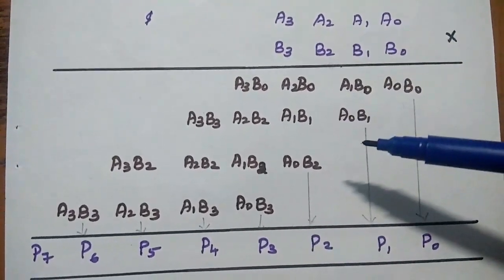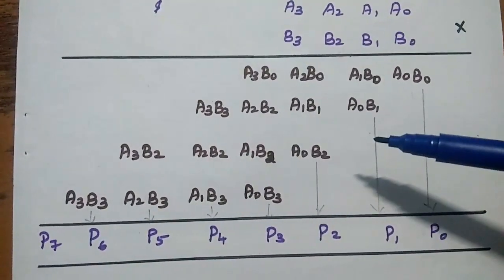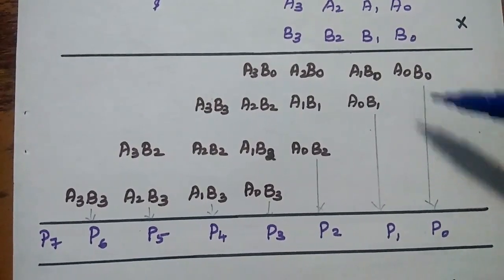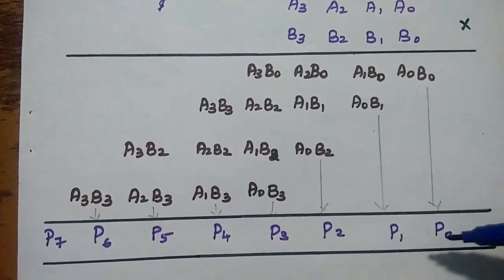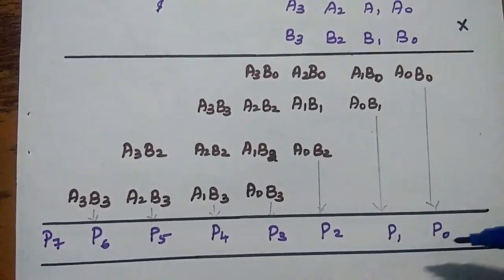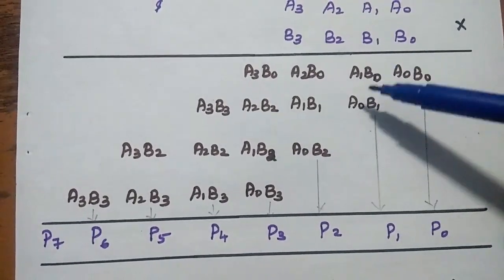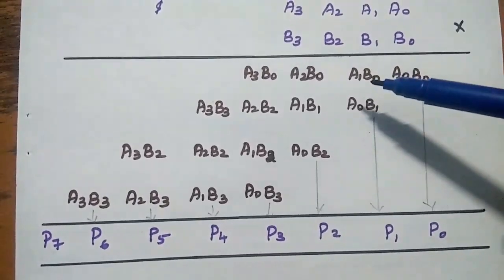So all these operations are performed simultaneously in the parallel multiplier. Here we can take A0 B0 as P0. P0 represents the LSB of the output of the product, and we can directly take it down. And here these two partial products are added using a parallel adder.